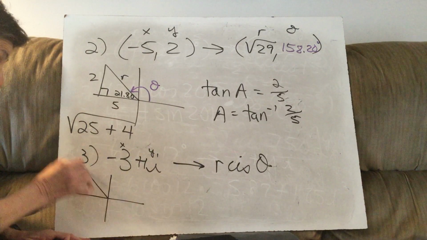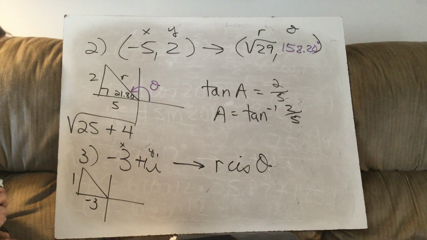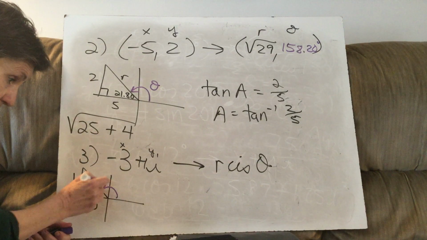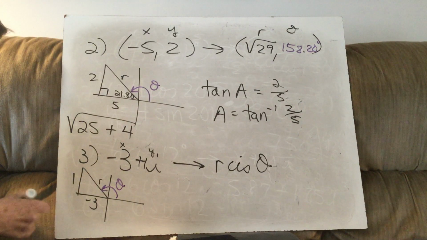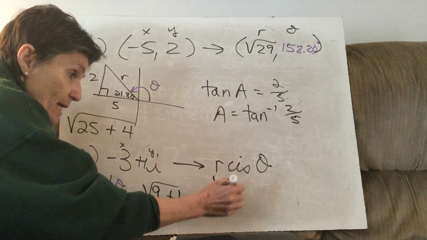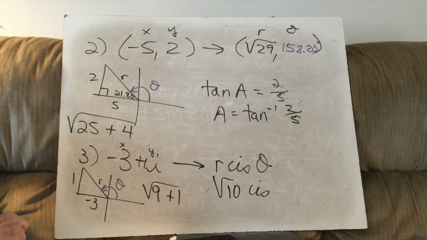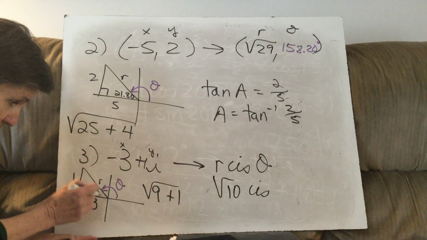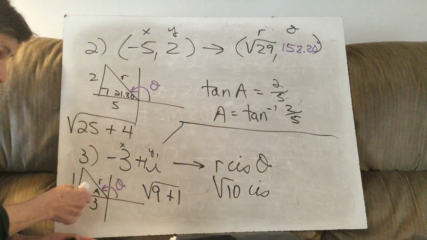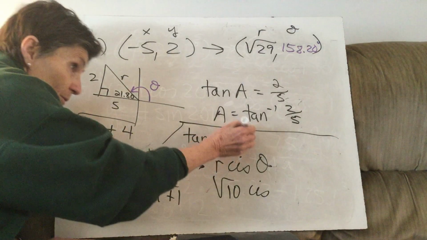So I'm going to graph this: over 3, up 1. This is r, and this will be theta again. So to find r, I'll square the first one, square the second one, add them up. r is root 10. Now I need to find this angle inside the triangle. So I will say tangent of A is 1/3.